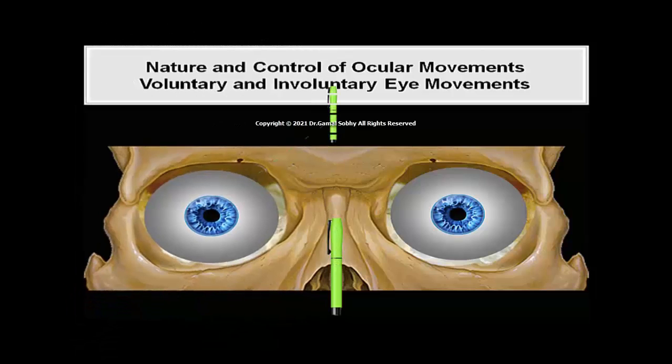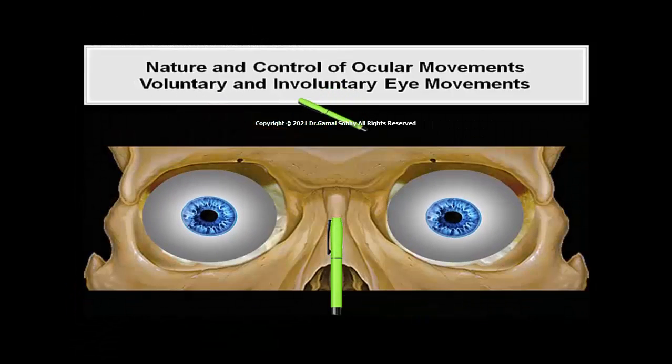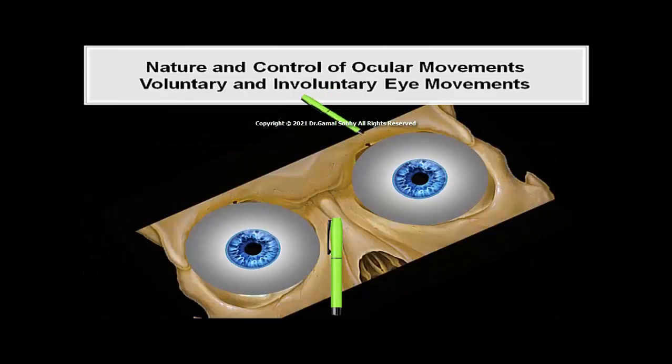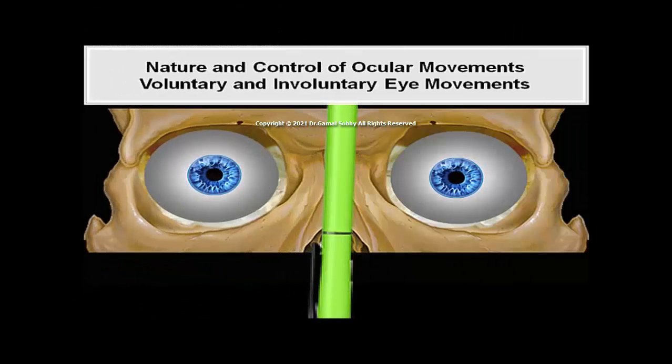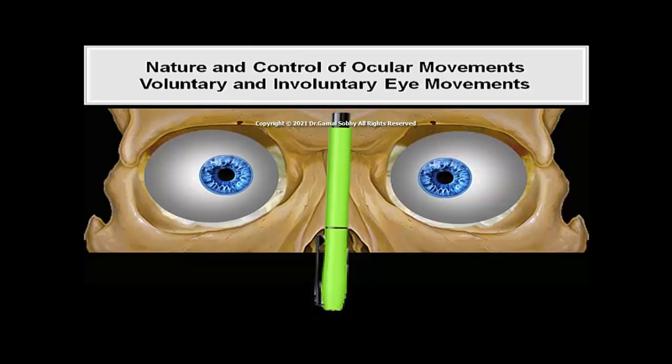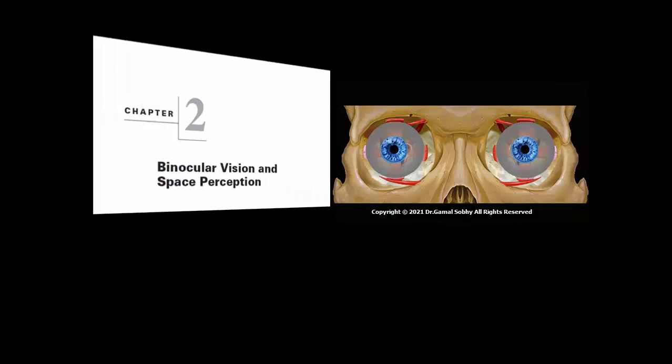When we tilt our head to one shoulder, the eyes rotate around their anteroposterior axis in the direction opposite that of the head. When a light stimulus reaches the retinal periphery, the eye turns and causes the stimulus to impinge on the fovea. If a binocularly fixated object approaches the eyes, the visual axes converge to maintain fixation.